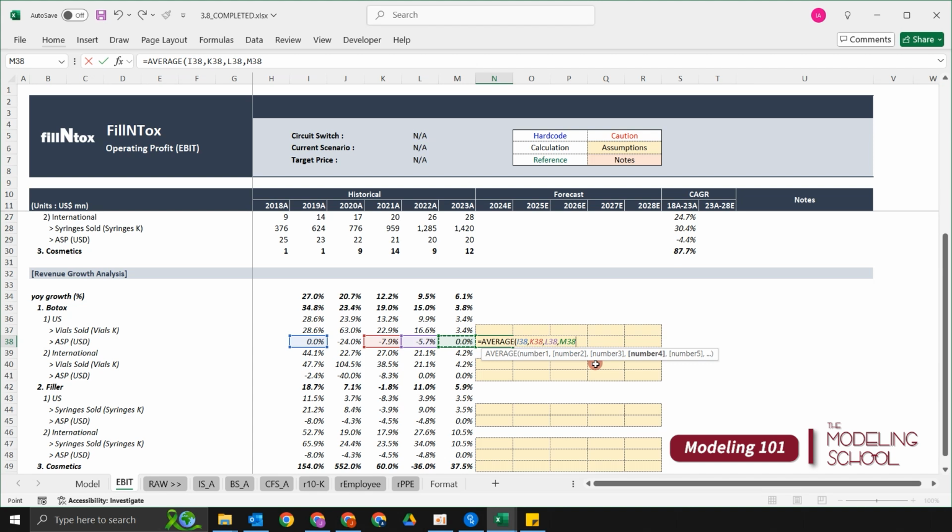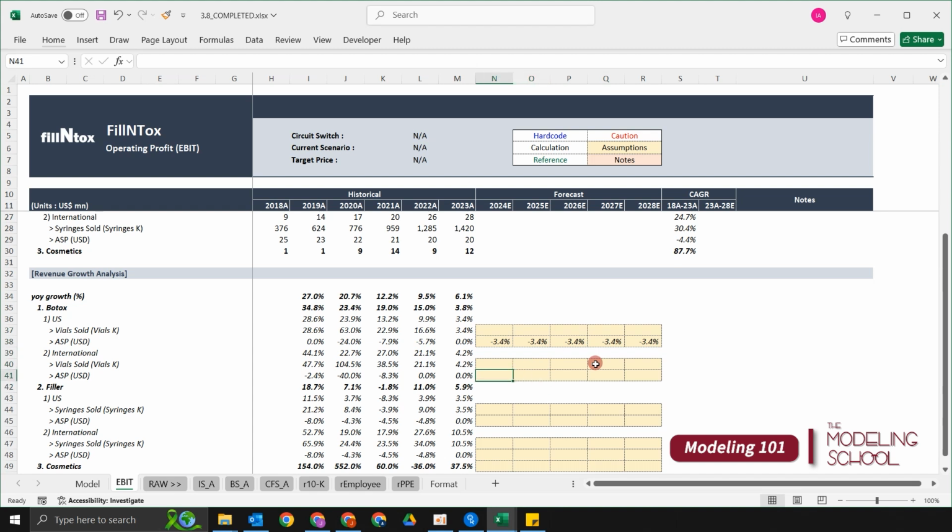So we're excluding 2020 and making an average of the other 4 years, minus 3.4%, and we're going to let that trend maintain over the next 4 years.